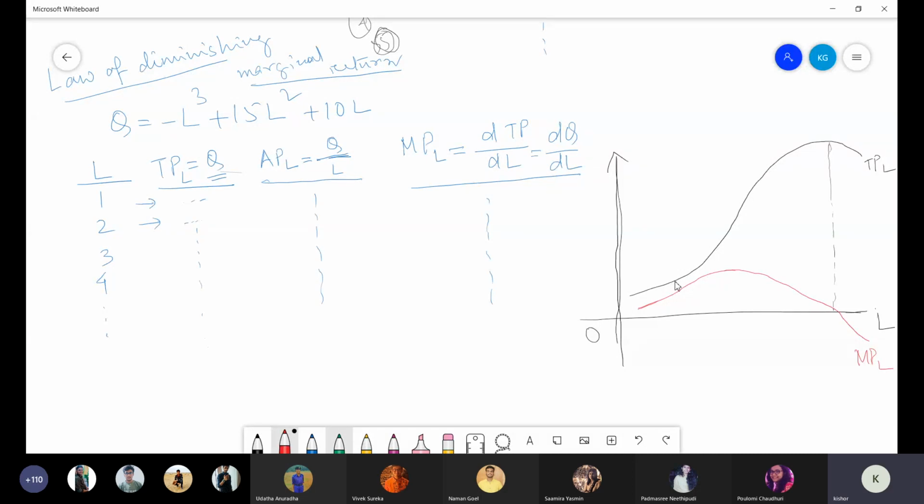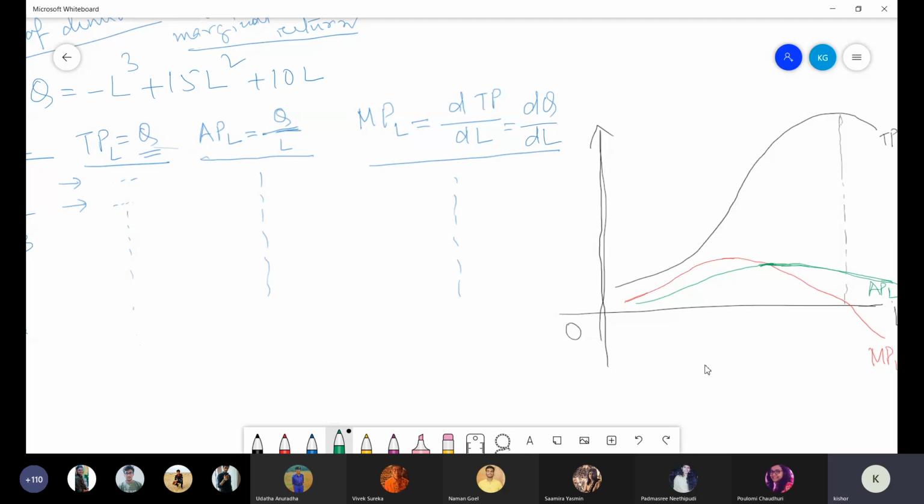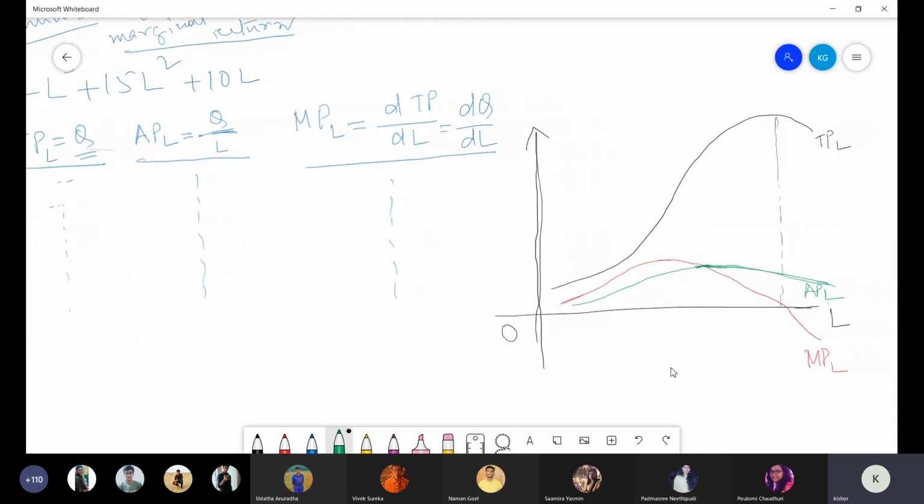With respect to average product, you may find a curve something like this. So you may find such kind of relationship if you plot it.